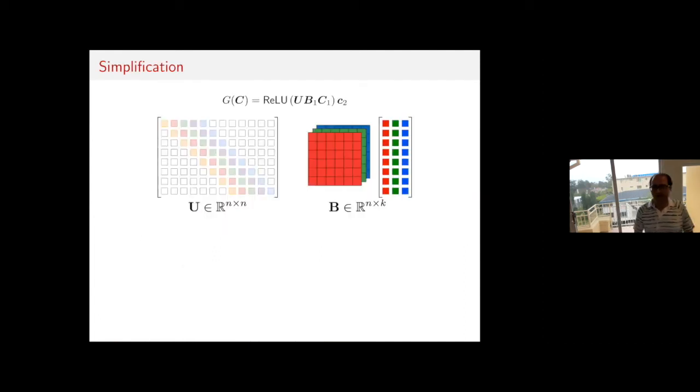For the purpose of theory, of course, we still can't really analyze anything deep, so we just focus on a one hidden layer version. Just to recap, a one hidden layer model basically looks like this.